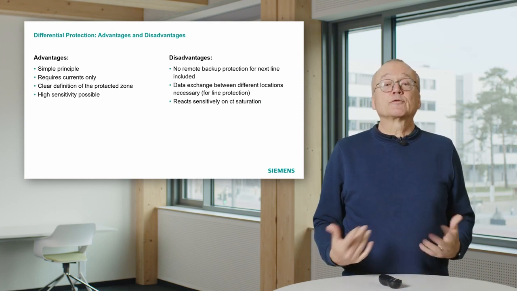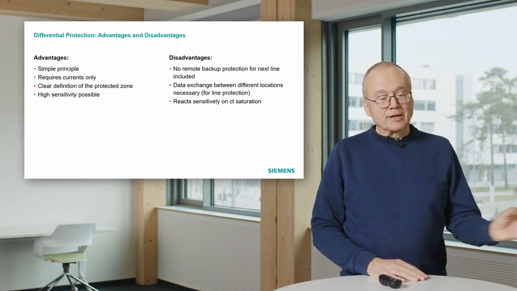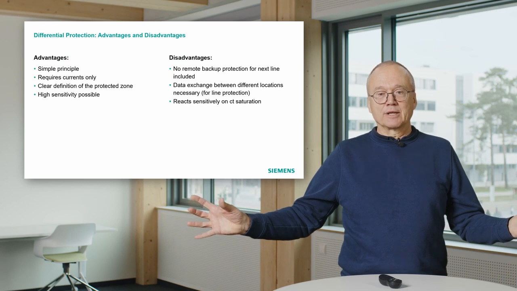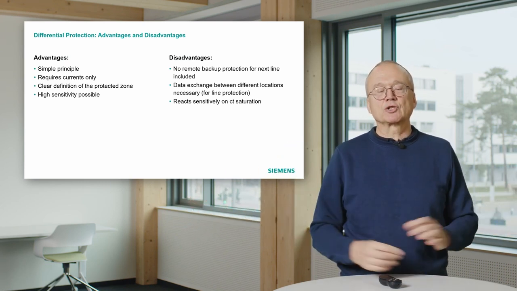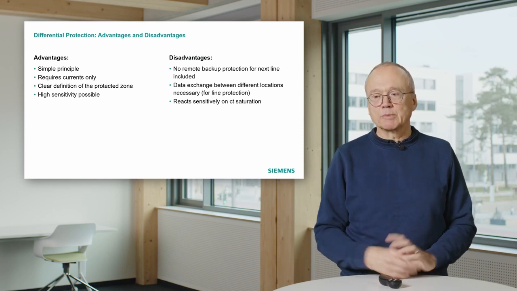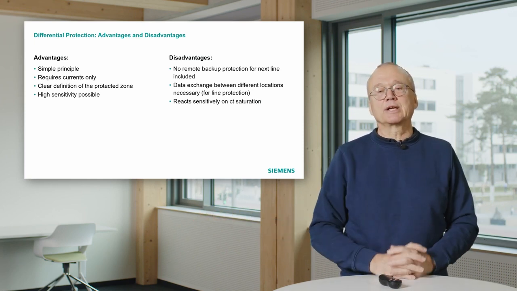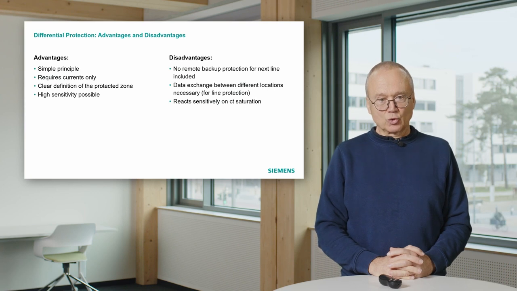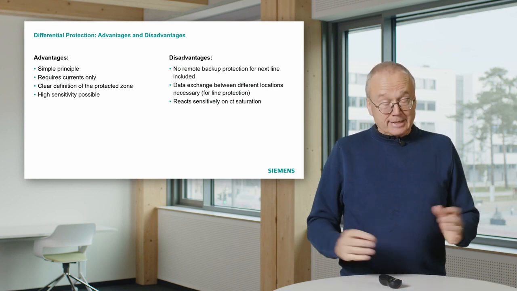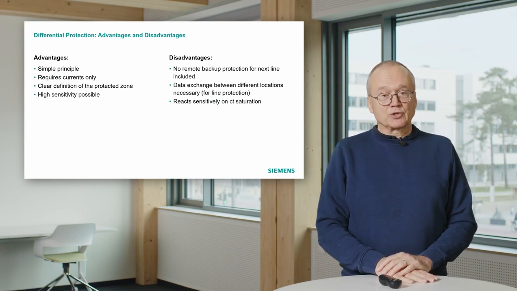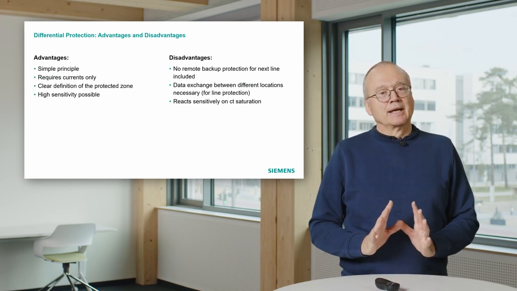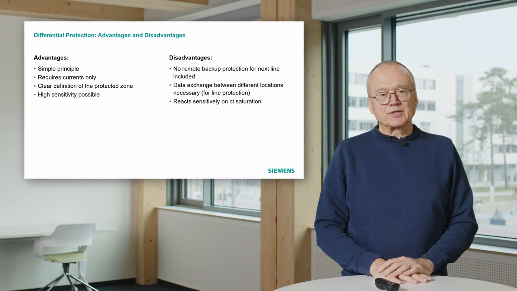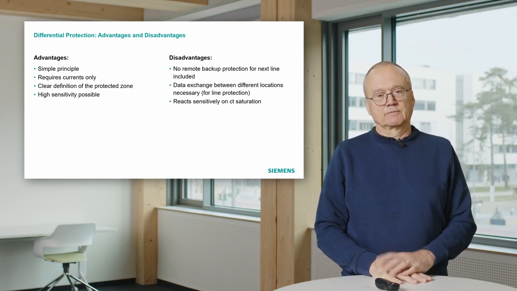Then if we apply differential protection to lines, then we need a data exchange between the two ends of the line. And this data exchange, imagine if you have a long line, 100 kilometers, you need a reliable data exchange between the two locations. And that can be a thing which is not in all cases very easy. And there is also a certain risk that we react sensitively on saturation.